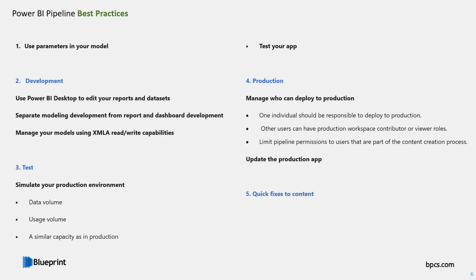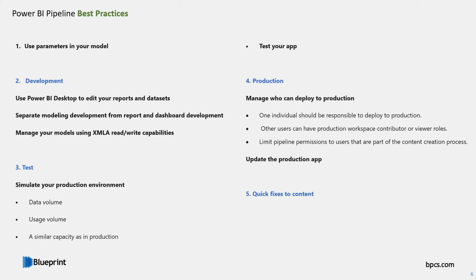So here are all the best practices I mentioned. Use parameters in the development workspace. You want to add them in the desktop, and you want to separate your model dataset from the dashboard. Use XMLA read and write capabilities to apply small changes. In your test environment, we want to simulate your production environment, so you want to have similar data volume, usage volume, and a similar capacity as in production.